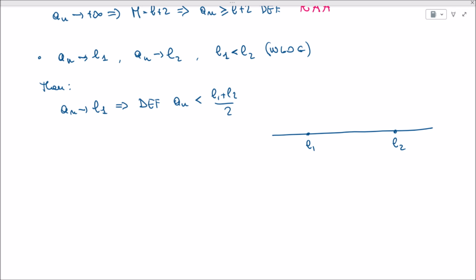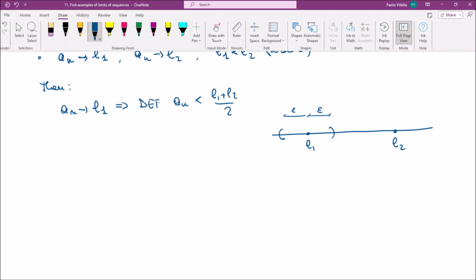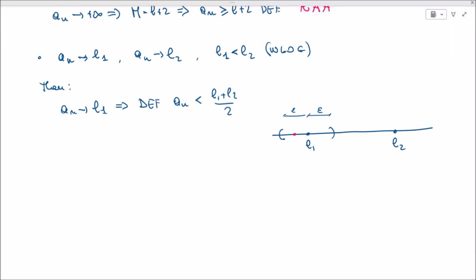So from one point on, certainly we can identify some epsilon, so this is the interval, and we know that the elements of the sequence will be within this interval.